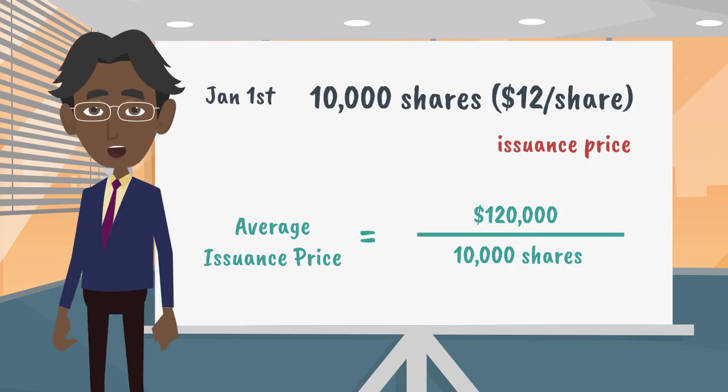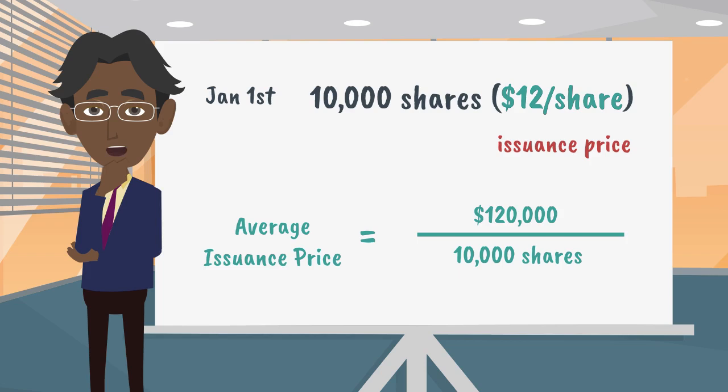Since we haven't seen Lily Lime issue any more shares since then, we know that only 10,000 shares are outstanding. What is the average issuance price in this case? It is $12. Knowing the average issuance price lets us adjust the common shares account correctly.